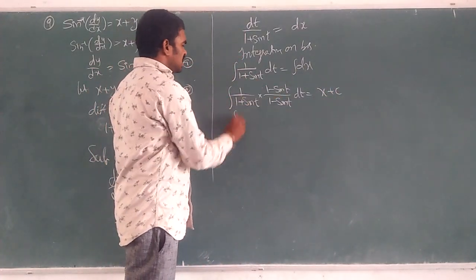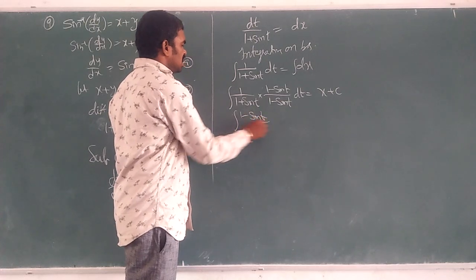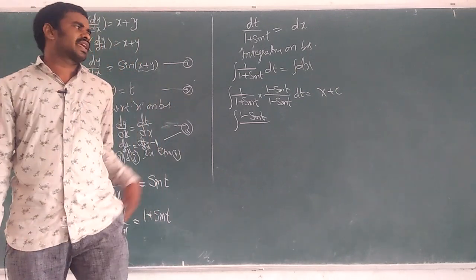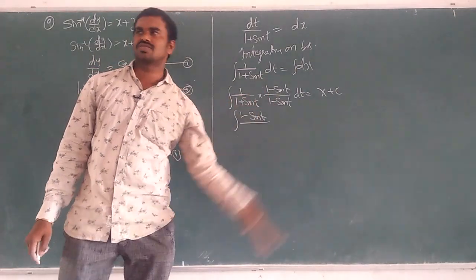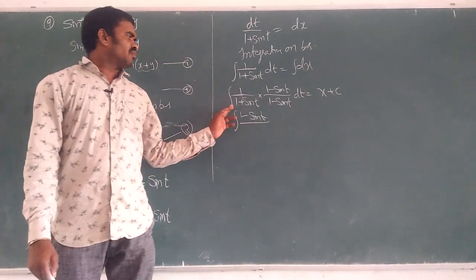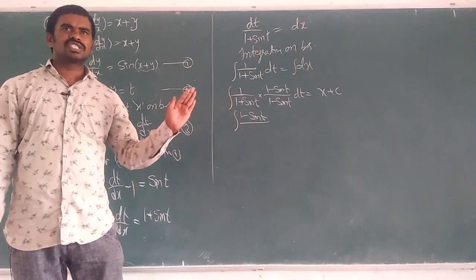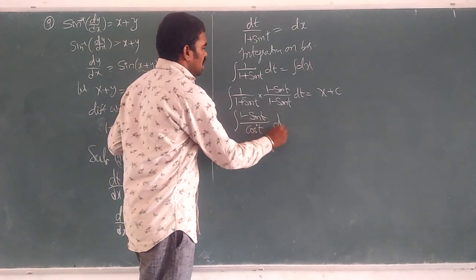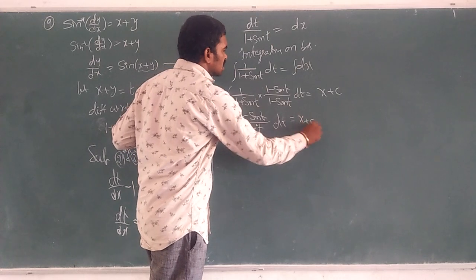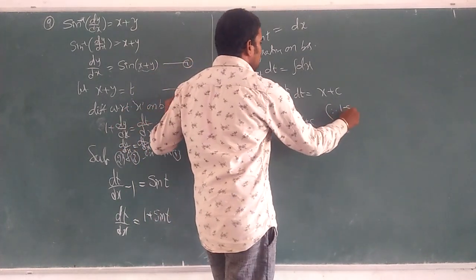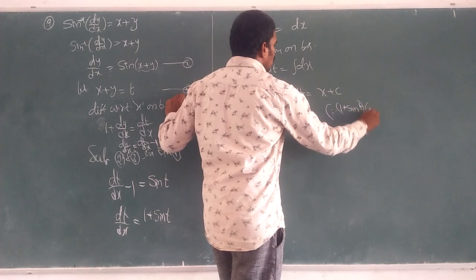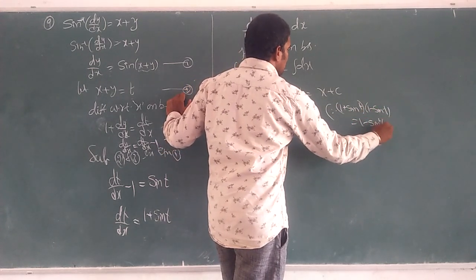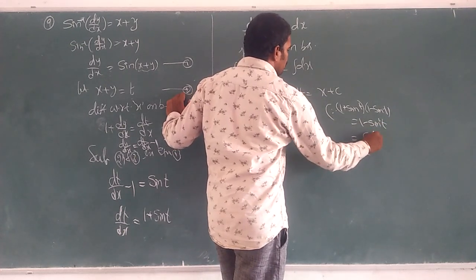Here 1 into 1 minus sin t is 1 minus sin t, and then in the denominator 1 plus sin t into 1 minus sin t becomes 1 square minus sin square t, like a plus b into a minus b is a square minus b square. So 1 minus sin square t you can get. 1 minus sin square means cos square t, and then dt as it is, equal to x plus c.